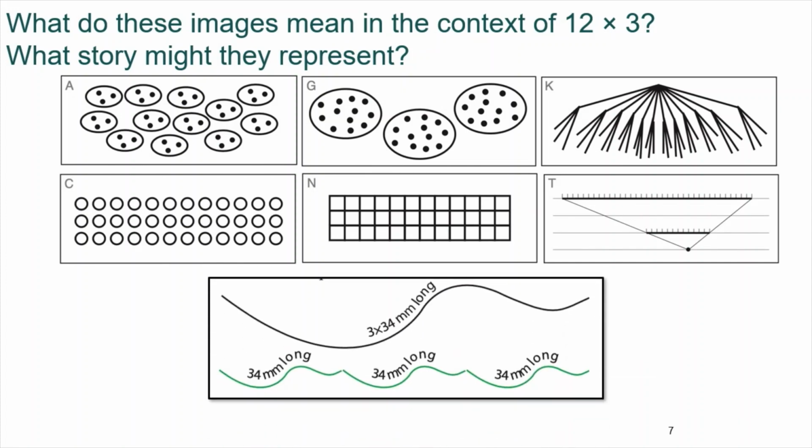So, coming back to the question of 12 times 3, all of these different diagrams represent 12 times 3 in some way, shape or form. And yes, you can fix them in many cases to be repeat addition, but the actual idea behind some of these tries to move away from that.